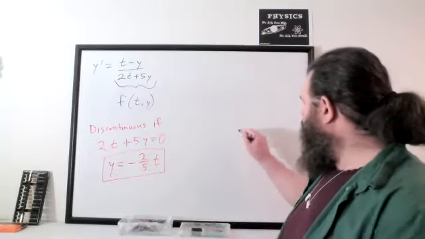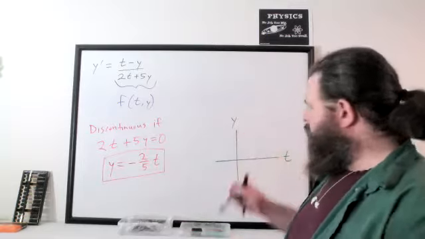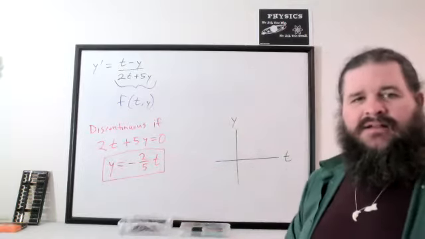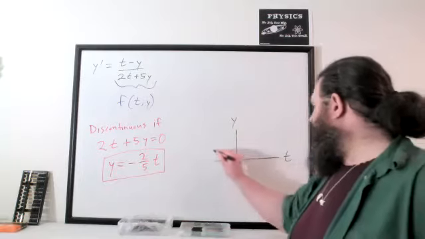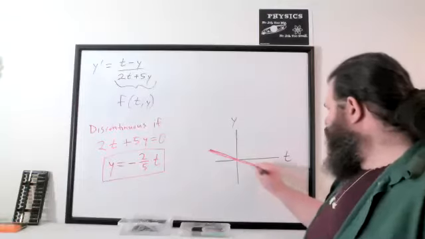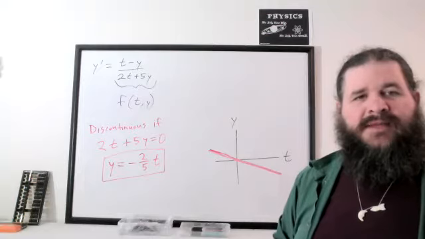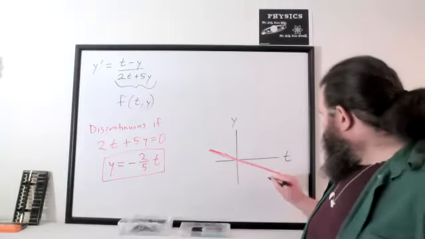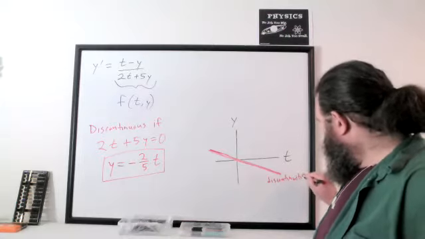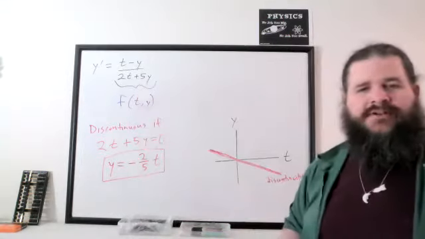So on our ty axis, we're going to have the line y equals negative 2/5 t, a diagonal line with slope negative 2/5 through the origin. So there's a line of discontinuities. This is one of the boundaries that we'd be talking about. So every point on this line would count as a discontinuity in this function.